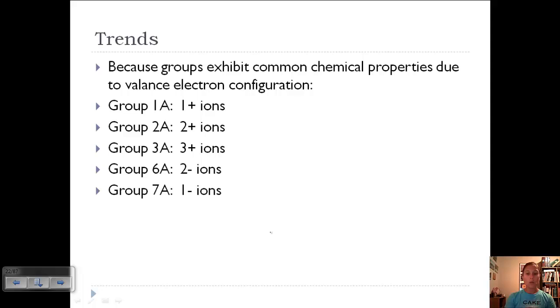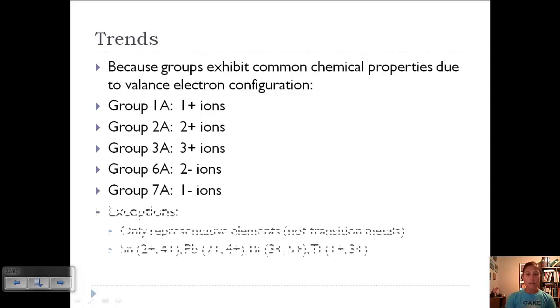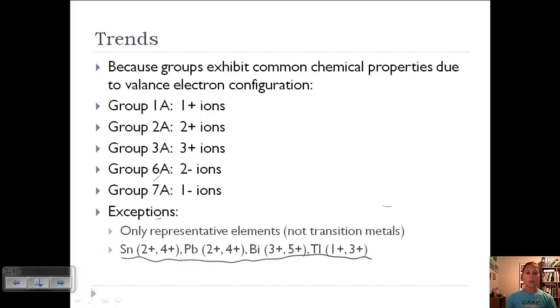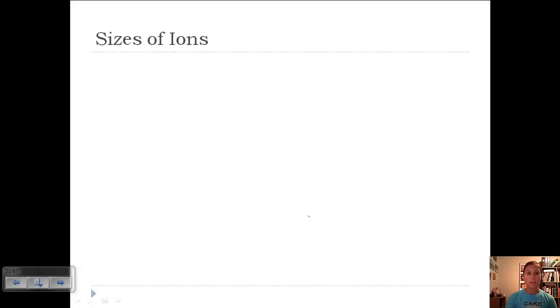Group 7A is the 1- ions, those are our halogens. The only exceptions to this would be tin, lead, bismuth, and thallium. They can have a few more different charges than what we follow normally for the groups. Remember, this only applies to representative elements. Transition metals are a different story, and we'll talk about those more later on.